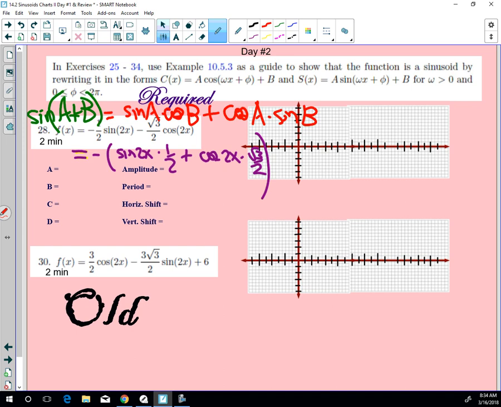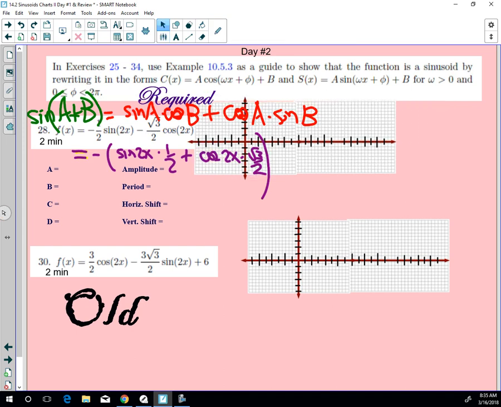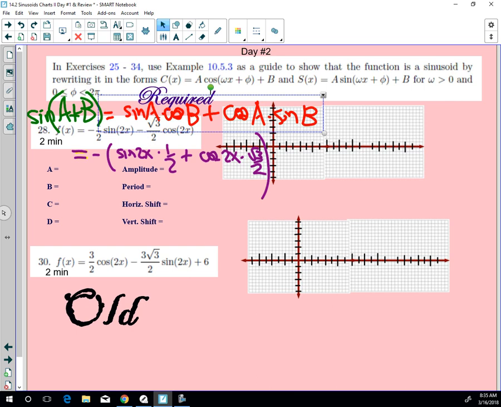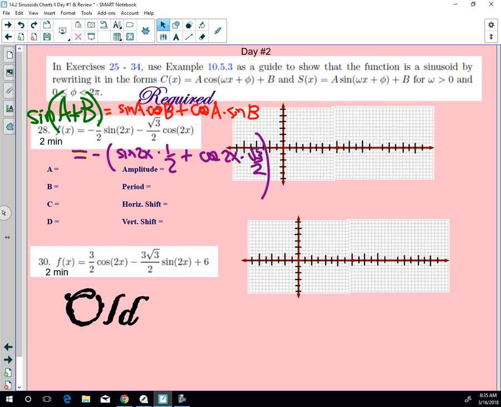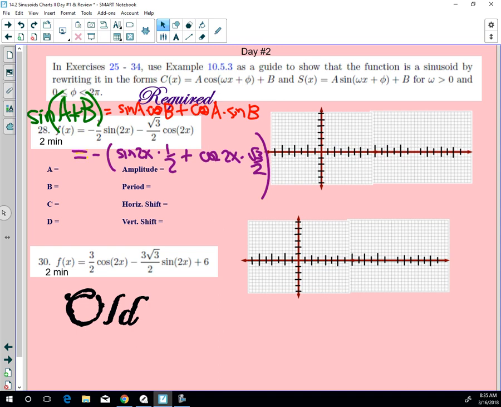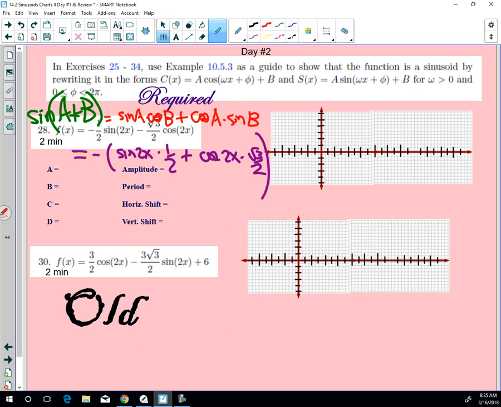I know it's kind of strange, but look at that. Now, these match to this. What is A equal to? What's A? 2x.